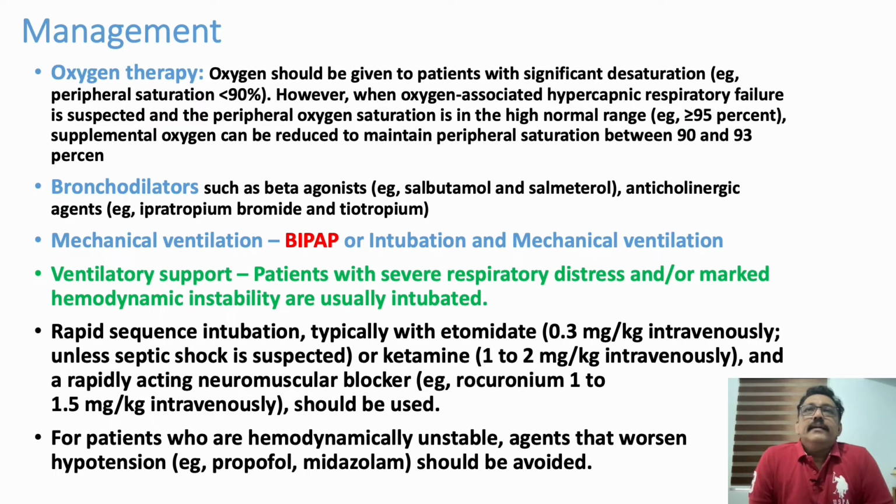But remember, in type 2 respiratory failure with chronic carbon dioxide retention, if we give very high flow oxygen continuously, there is a chance of carbon dioxide washout from this patient. We should know that these high carbon dioxide levels are the respiratory drive for these patients. If you try to wash out the carbon dioxide, slowly the patient may go into respiratory arrest.